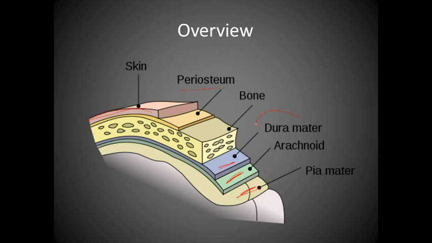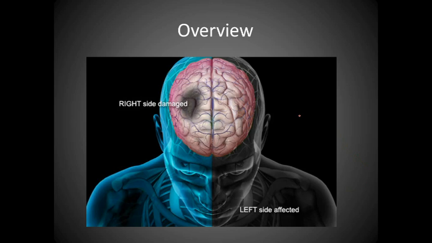So keep these 3 in mind: the dura, arachnoid, and the pia mater. Know that the dura is the most superficial and the pia is the most inferior. Another thing to keep in mind is that if you have right-sided damage, you're going to have left-sided effects. And vice versa, if you have left-sided damage, you're going to be affected on the right side.